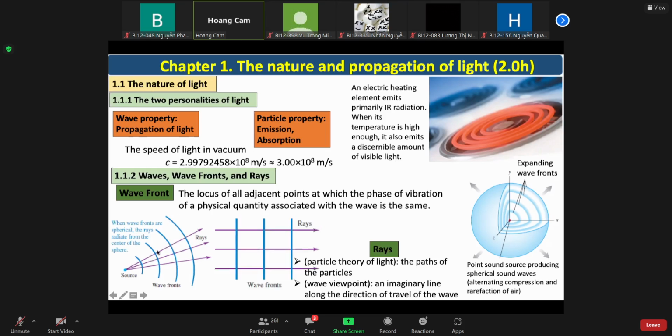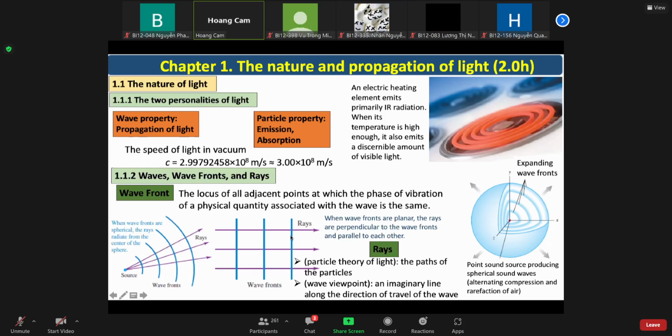If we move very, very far away from the source, the spherical wavefront becomes something like planar, like this one. In this case, the wavefronts are planar.